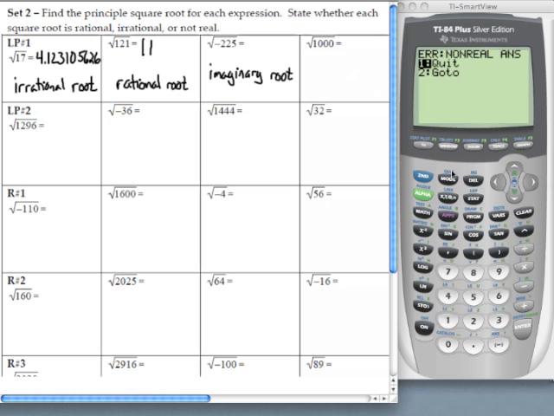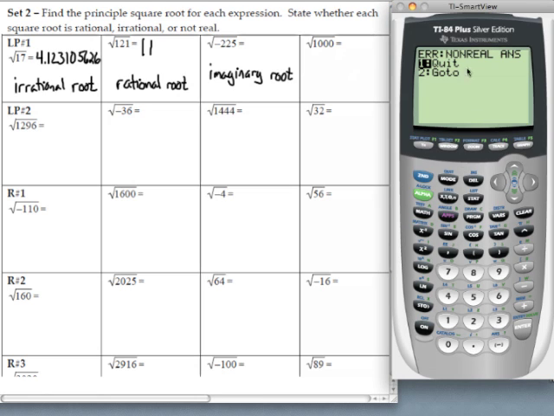And let's type in the square root of 1,000. Let's see what happens there. So let's go back to the calculator, and I'm just going to hit enter. This is going to quit this error screen right here, and go back to my home screen in which I can do calculations now. So I'll go second x squared, 1,000, close my radical, hit enter, and you can see that this did not come out to be a nice number.